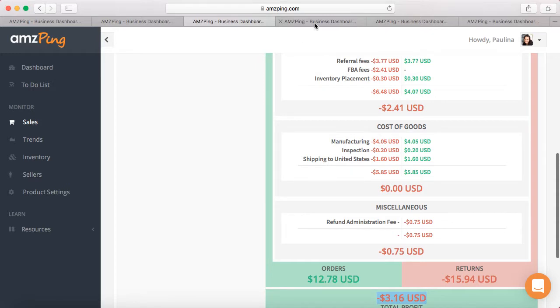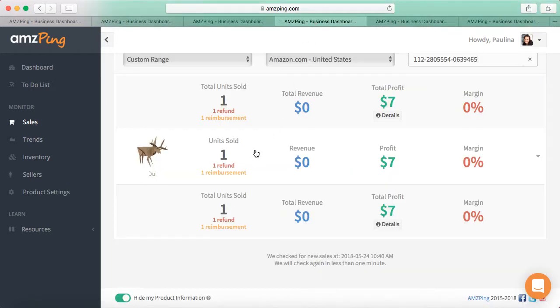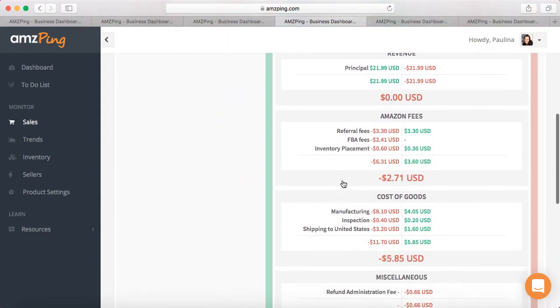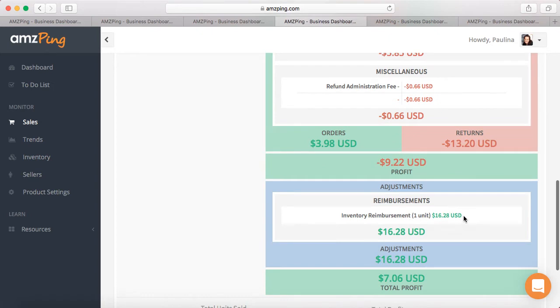Now, if he did not return it to the inventory, Amazon will give you a reimbursement. So it will give you a certain amount of money, which will appear here, and they decide this amount themselves, what they want to give you. I don't know how they calculate it exactly, but it's usually a little bit less than you would make when you just sell the item for profit.